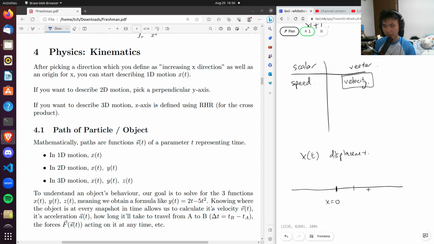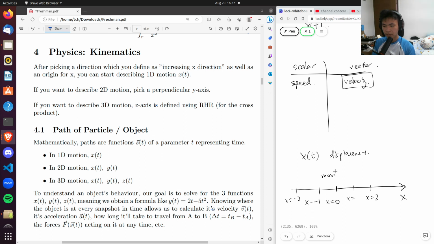So if I choose the right side to be increasing x, meaning that if I move to the right, x increases, move to the right, x increases some more, and I move to the left, x decreases, move to the left, x decreases, then in this case, I would usually draw an arrow on this coordinate system, label this arrow with an x to indicate that moving right increases x.